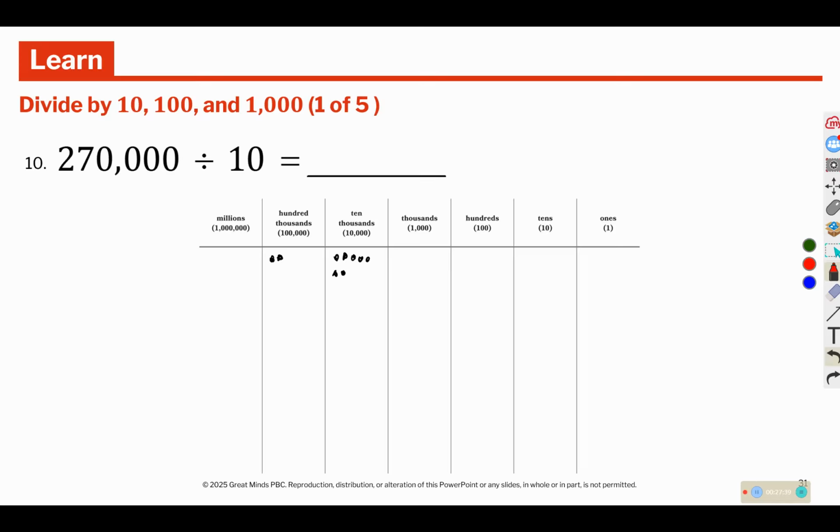So when we divide by 10, we need to shift them. So now I have 2 in the 10,000s position and 7 in the thousands spot. So 2, then a 7, and then zeros.